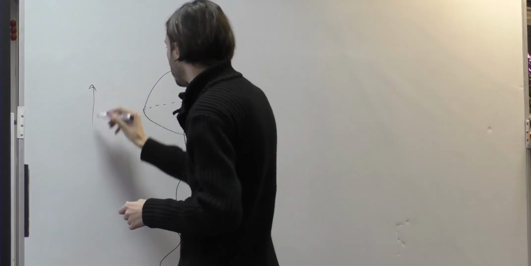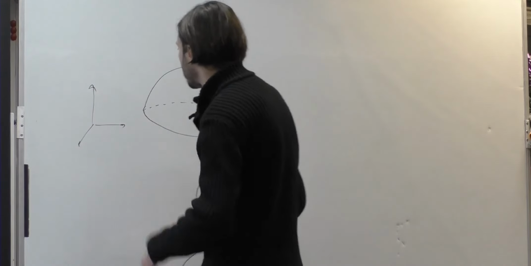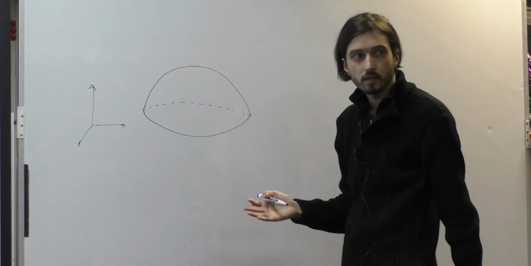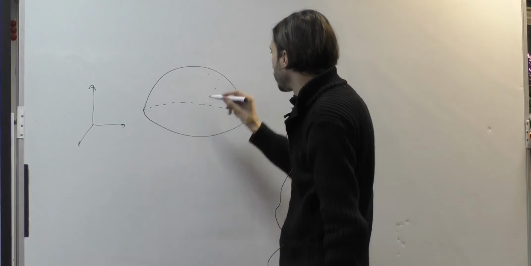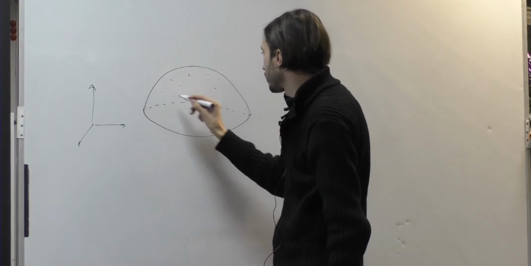So this is a part of my manifold. It lives in, for example, a three-dimensional space, and I'm having some points on this manifold somehow scattered around.